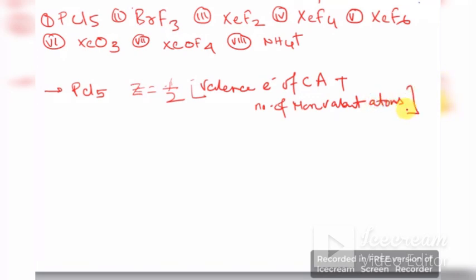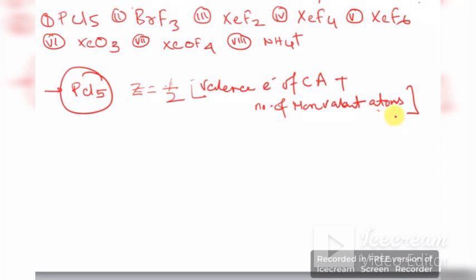If the compound is ionic, whether cationic or anionic, then for a cationic compound subtract 1 from this formula, and for an anionic compound add 1.